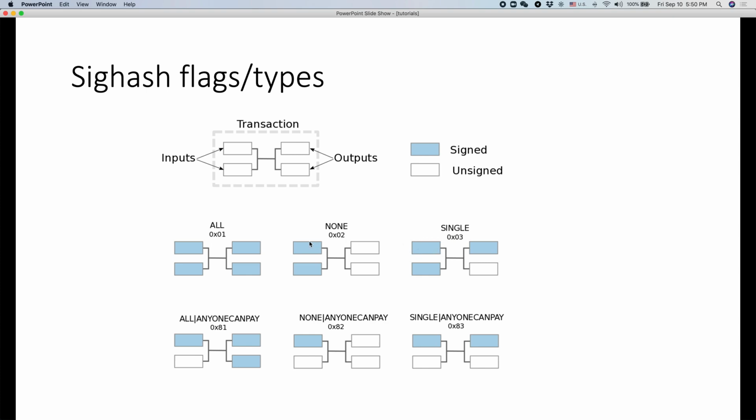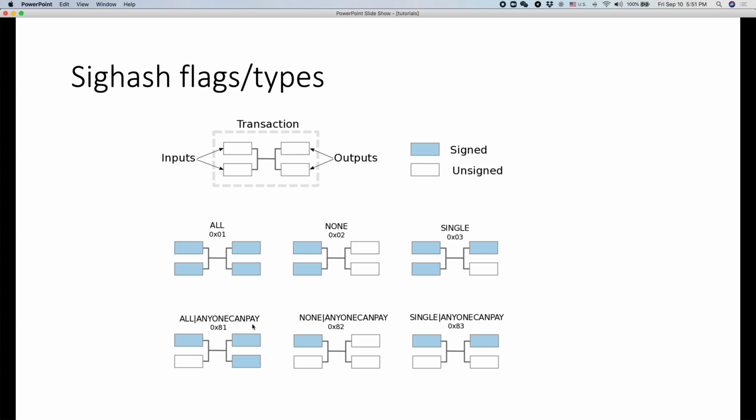It's called single. Besides these three basic types, there's another modifier called anyone can pay. If you look at all these three, they only control the outputs. Combined with anyone can pay, they can also control which inputs are going to be included in the preimage to be signed.